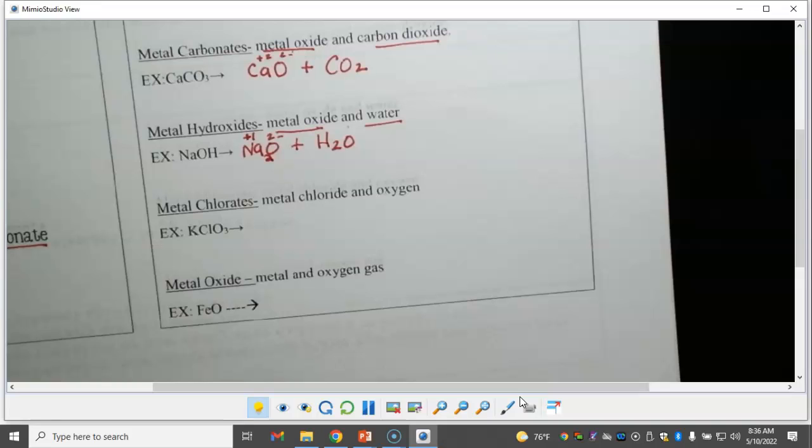Let's do one more of those. Let's do cadmium bromide plus iodine. Okay. So my single element, is he a metal or a non-metal?